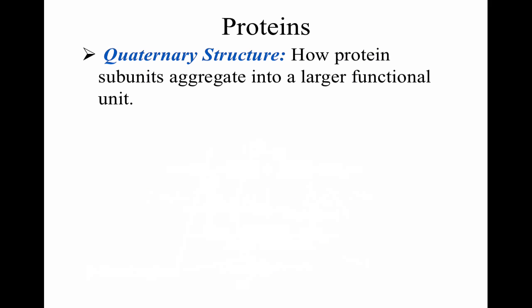Okay. Now, a quaternary structure is how these subunits come together and form a larger functional unit. So you can imagine a primary sequence that has alpha helices and beta sheets that folds in on itself, and then you can imagine multiple units of these things coming together to form complicated ion channels or enzymes or whatever the case may be.